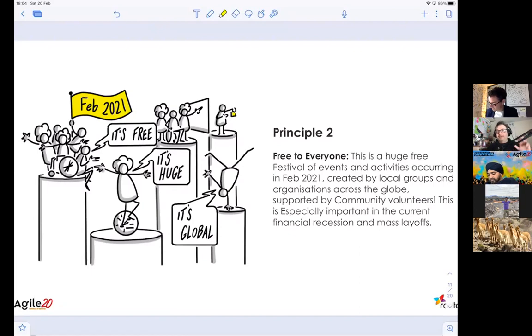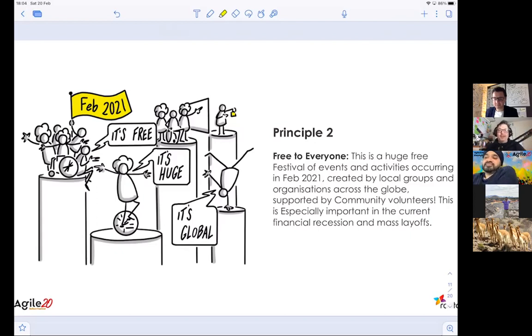The columns are great for me because they signify that it's okay to do everyone's own thing. And I particularly like the February 2021 because one of the other questions was, when's the conference? And it's like February. Yeah, but when in February? So all of February. This diagram also represents the regions to me. Some regions were like parties, other regions were a little bit more educational, and some regions were smaller. So it just captured it.